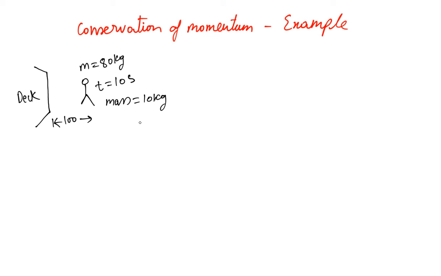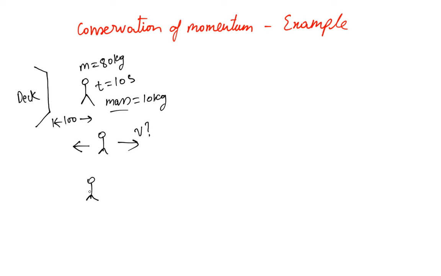So what he can do is throw the mass in this direction, and because of that he will recoil back and reach the deck in time. The question is, with what velocity should he throw this particular mass so that he reaches the deck in time, right? Okay, so let's see what happens.